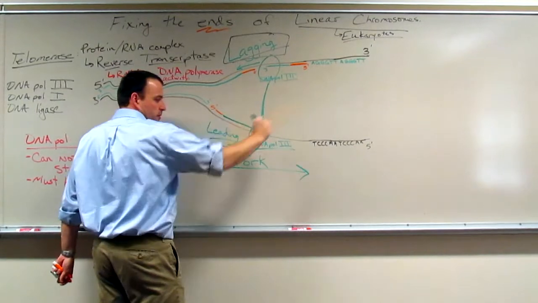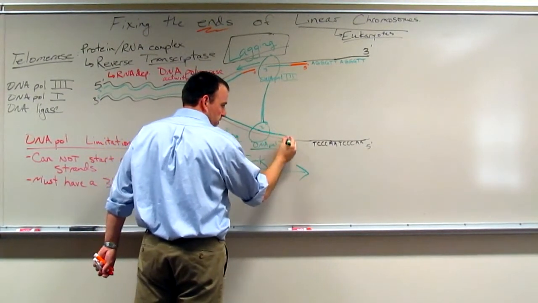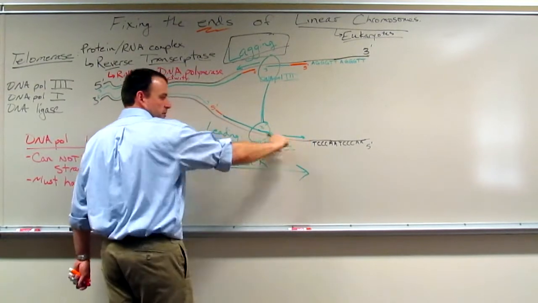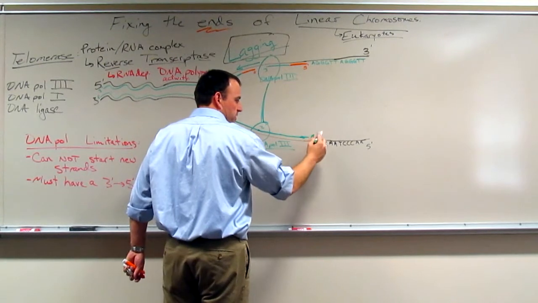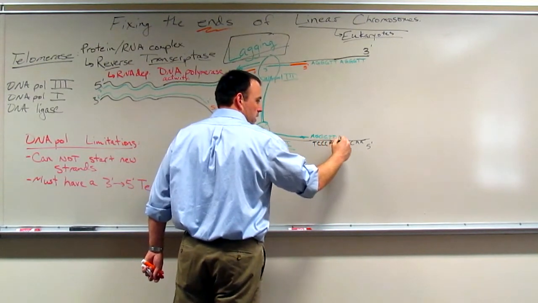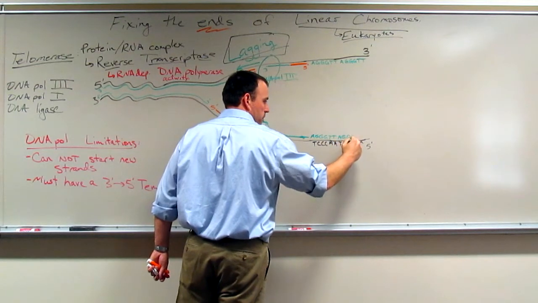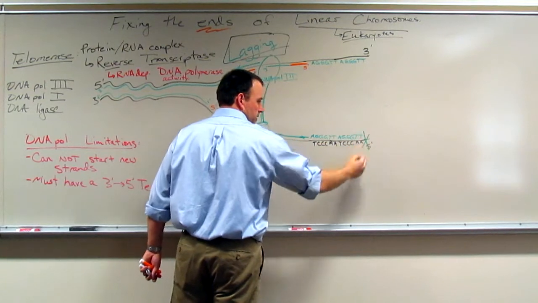As our fork moves from left to right, DNA polymerase 3 is going to chug all the way down and keep going until it reaches the very end of the chromosome. And then it's going to stop.